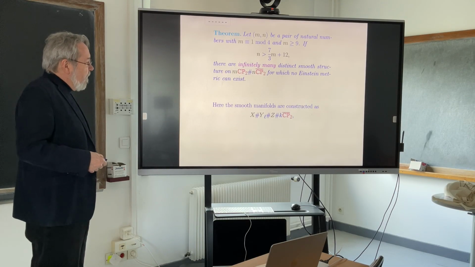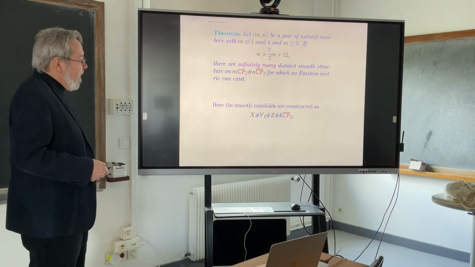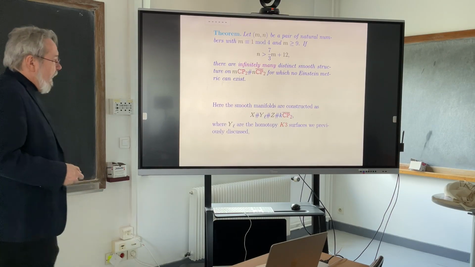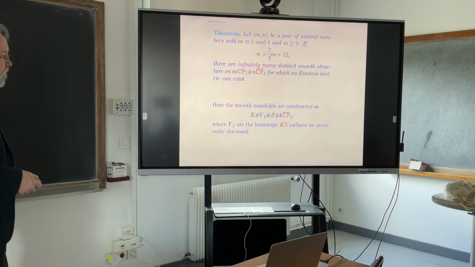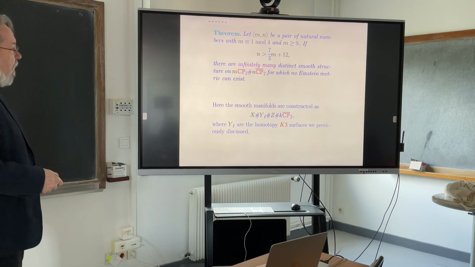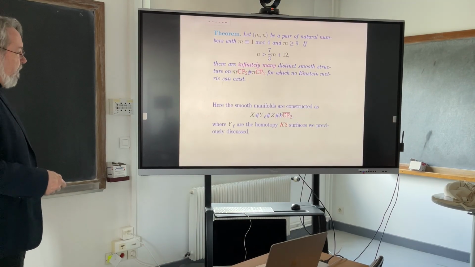So you want to take a connected sum of 3 suitable symplectic four-manifolds and some CP2 bars. We're actually putting in an extra parameter because one of them, in terms of the homeomorphism type, we take to be a K3, but here we have a sequence of different smooth structures on K3, and we could use those different K3s as the building blocks here.